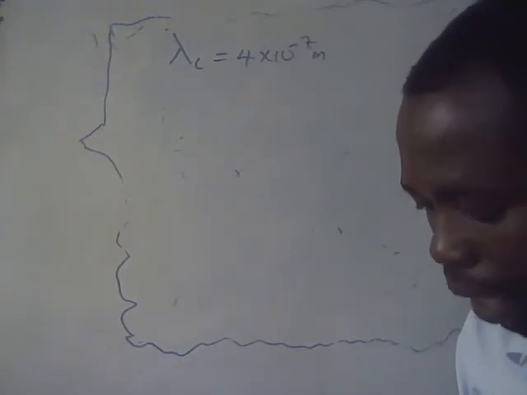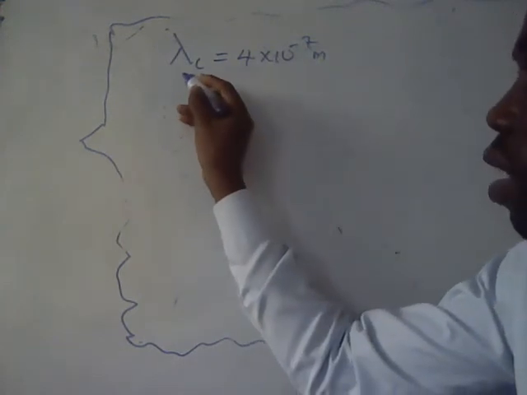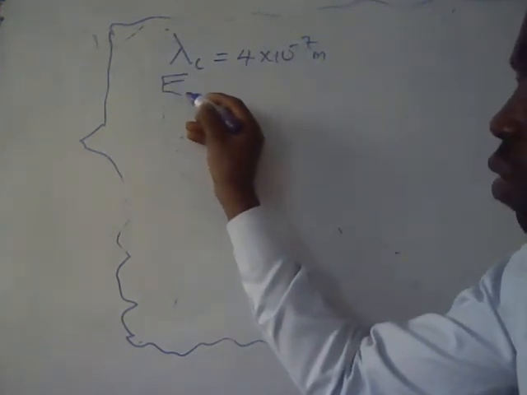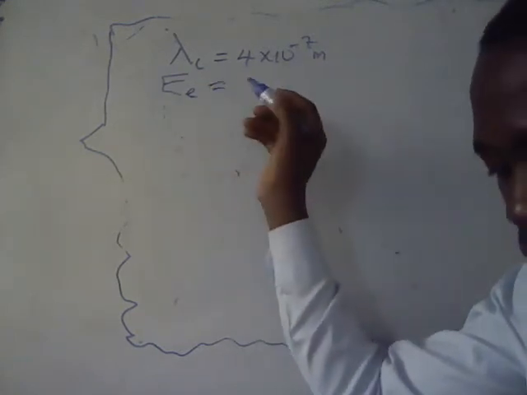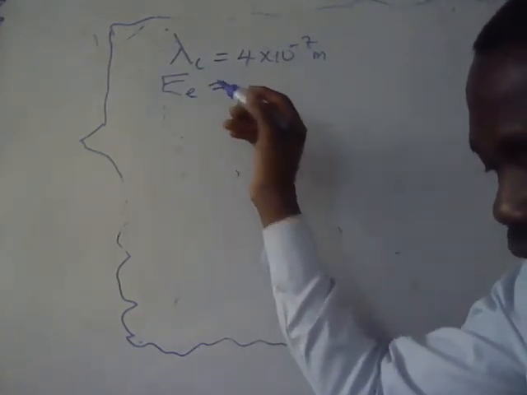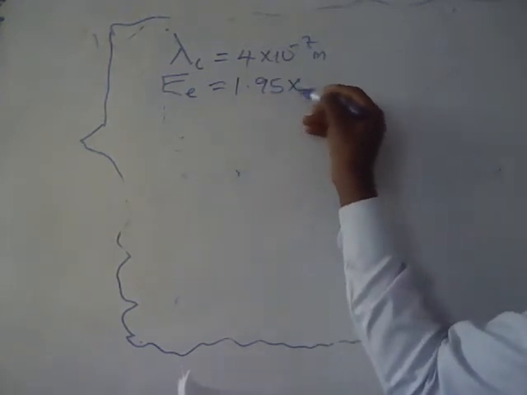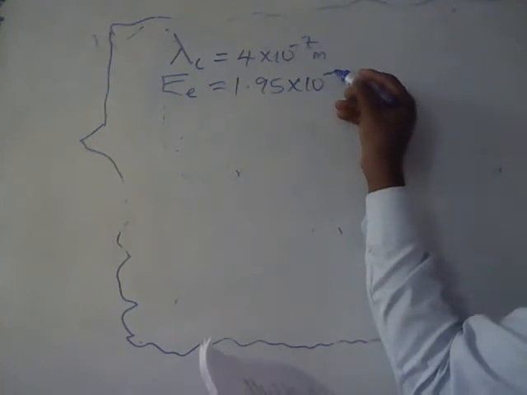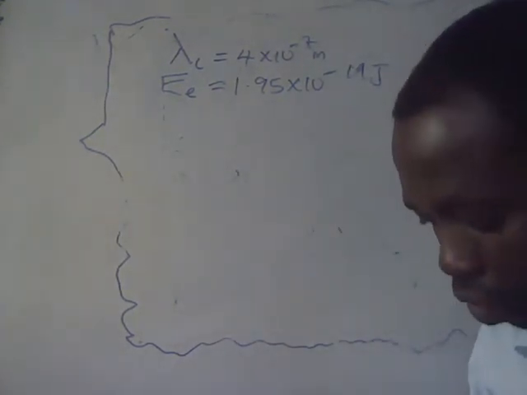If the maximum energy of the emitted electrons is 1.95 times 10 to the minus 19 joules, so energy of the electrons, let's say it is capital E subscript e, maximum energy of electrons. Let me take it as Ee, and that is 1.95 times 10 raised to the power of minus 19 joules. That's the energy of the emitted electrons.